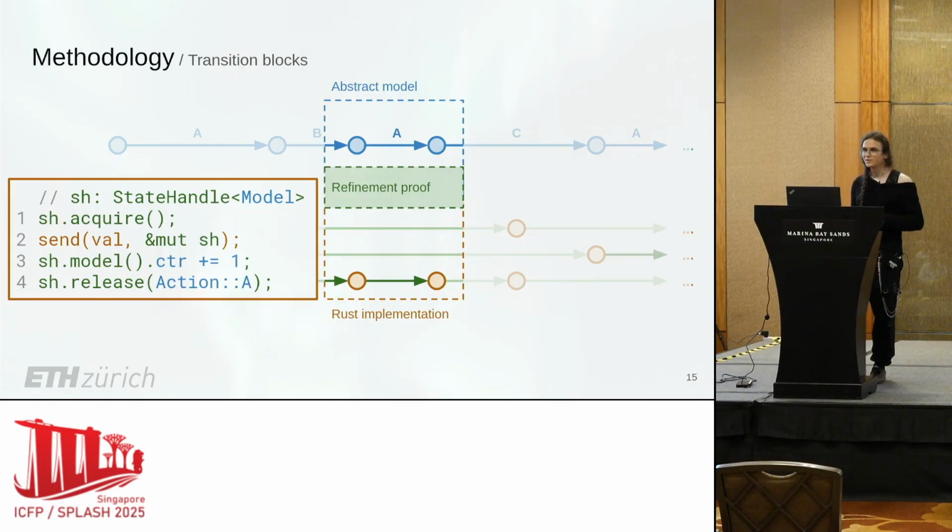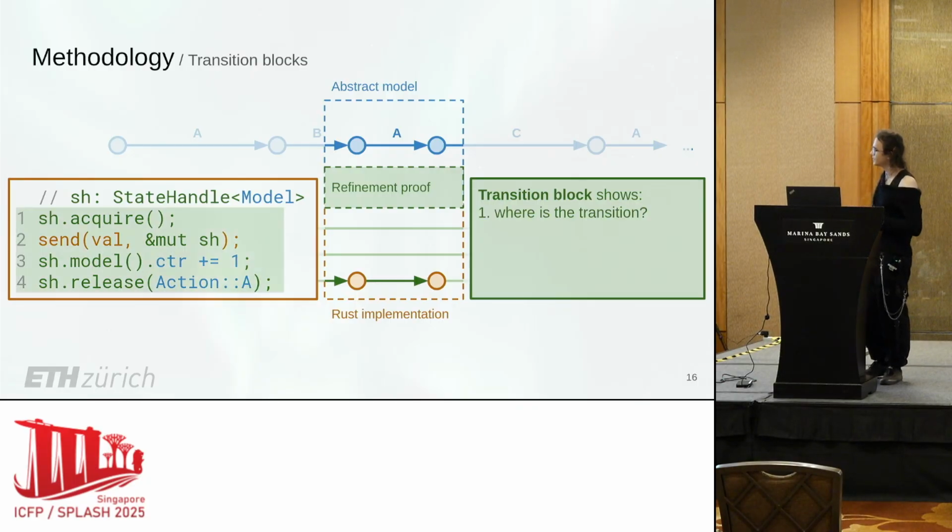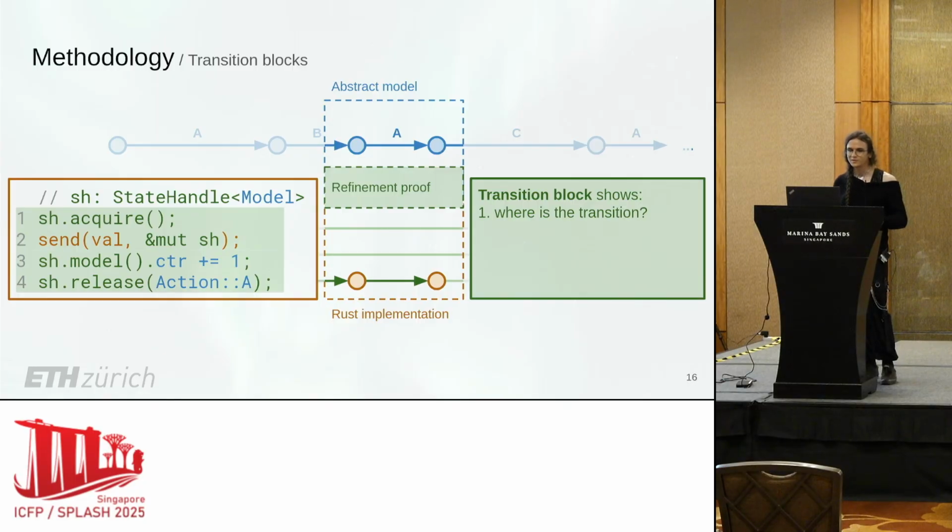So you can think of these as critical sections of a global lock protecting the model state. And they basically tell us a couple of important things. They tell us where the transition is actually happening. So this is where we do our refinement proof. They tell us what actions we're taking in the transition block.